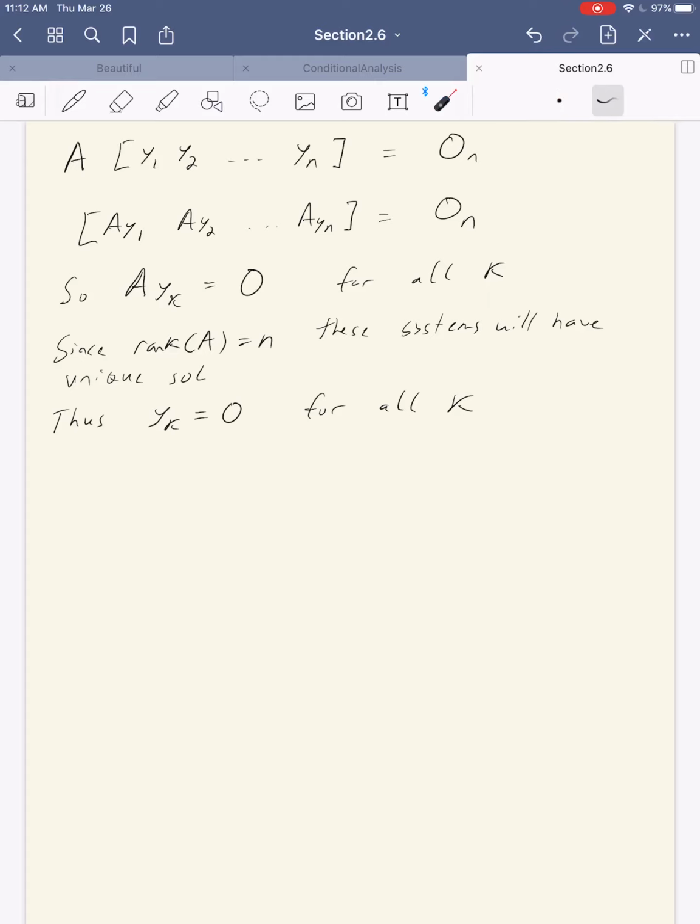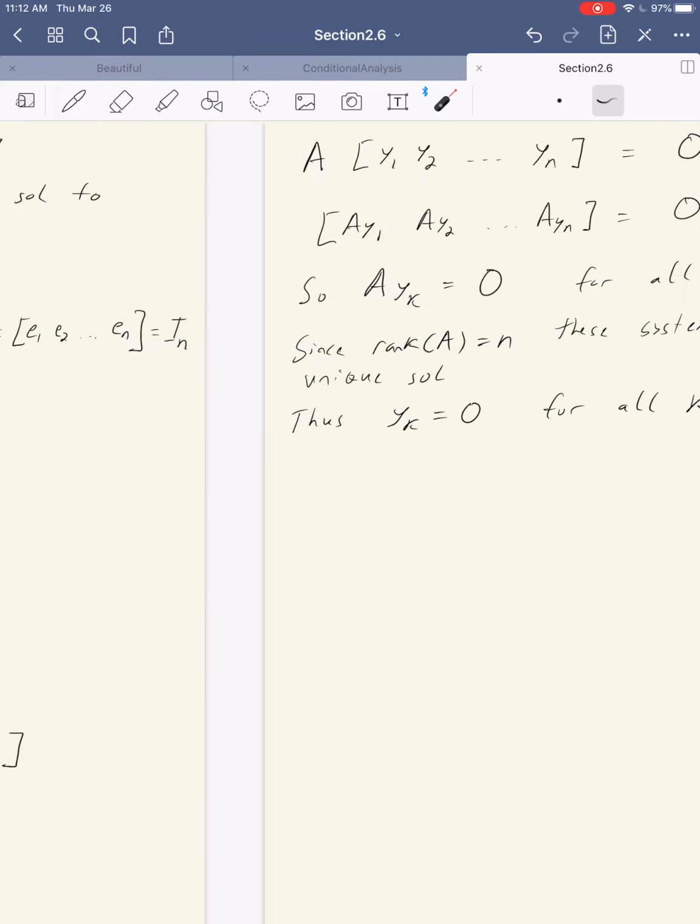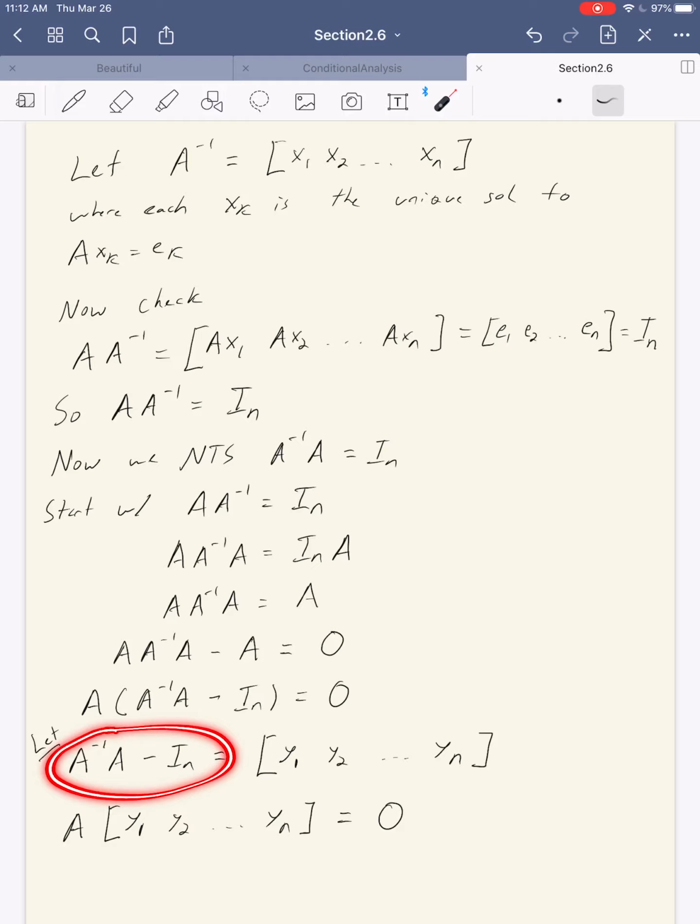So we've just shown that these y sub k's are all 0. But what were those y sub k's? Well, we defined those y sub k's right here as the columns of A inverse A minus I sub n.